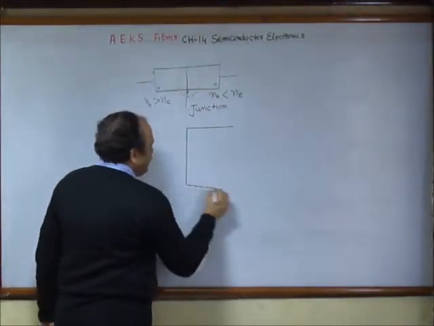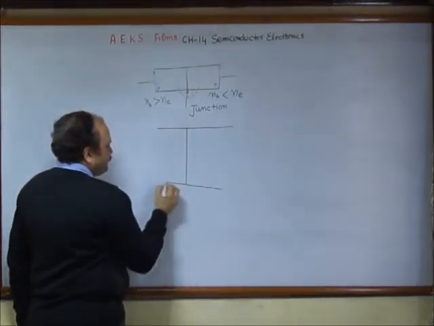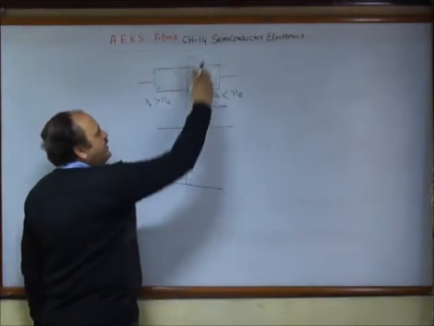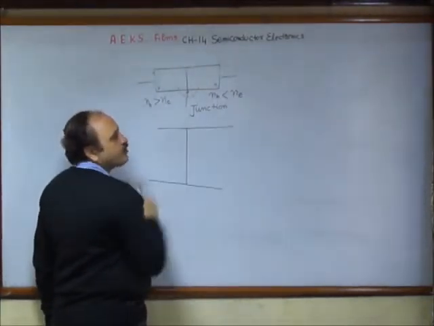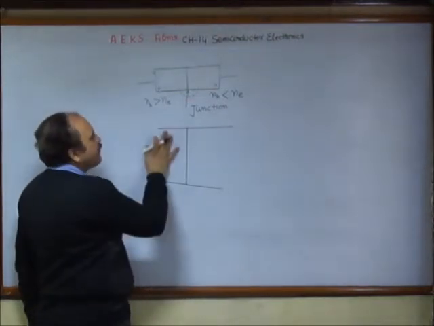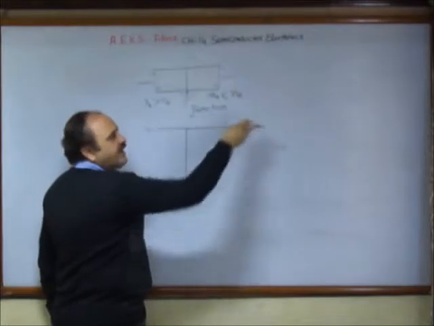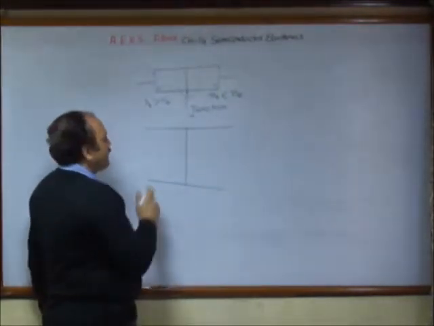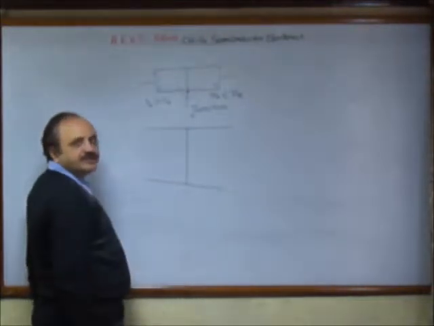What happens? I'm making only this portion. In the N region, we have more free electrons available as compared to the P region. These are called the majority carriers here. And obviously these electrons in the P region are called minority carriers.